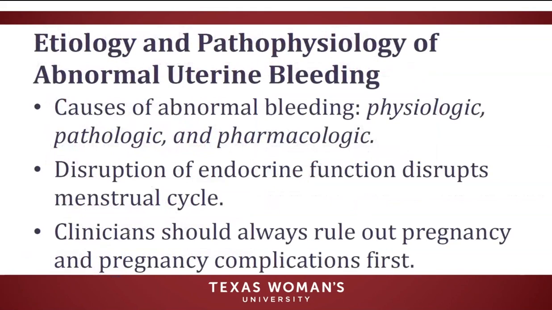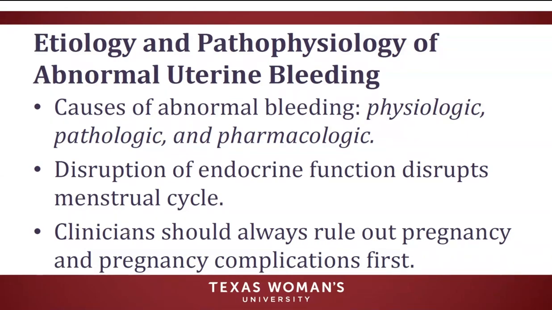That also helps us narrow down the causes of abnormal bleeding: physiologic, pathologic, and pharmacologic. And the disruption of the endocrine function can change the menstrual cycle. We've learned all about the endocrine glands and the hormones that relate to menstruation.